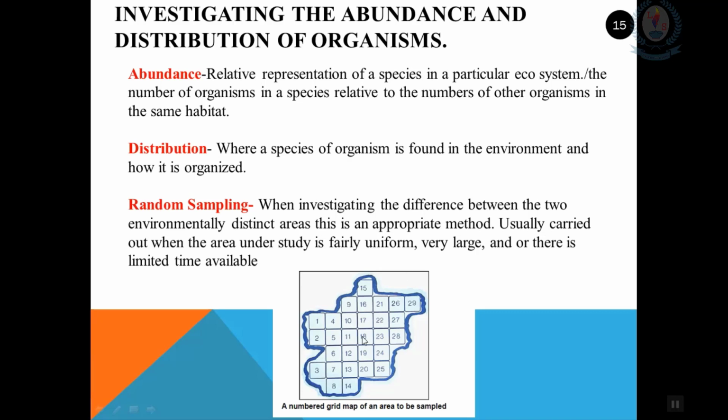And as you can see here, this is a numbered grid map of an area to be sampled. Then we could choose which squares we should sample by using a random number table.